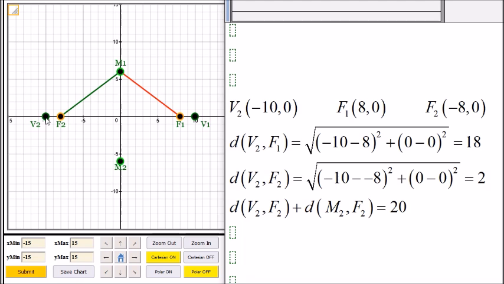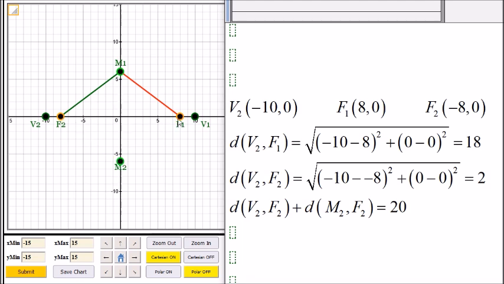Same thing for this point V2. The distance from V2 to F2 is 2. The distance from V2 to F1 is 18. And so the sum of the 2 distances is 20. So we found 4 points, 1, 2, 3, 4, such that the sum of the distances from each point to F1 and F2 is 20.